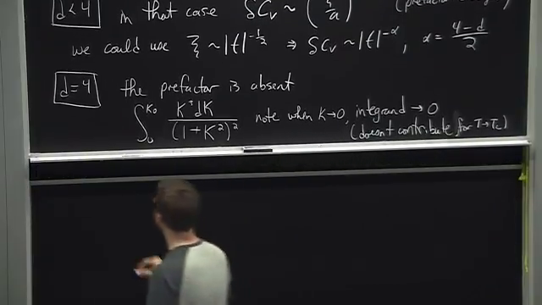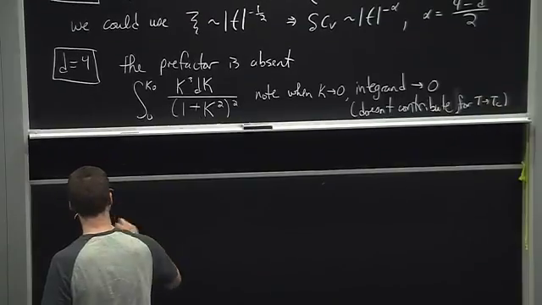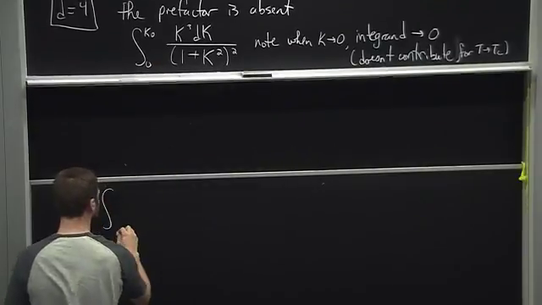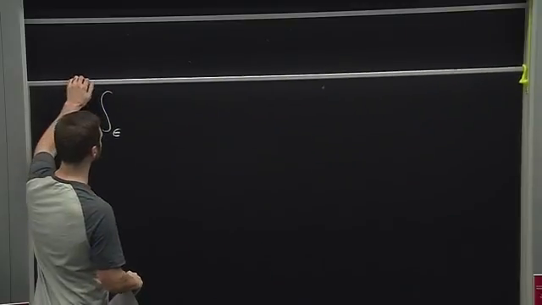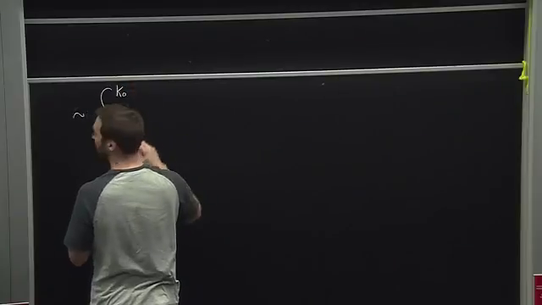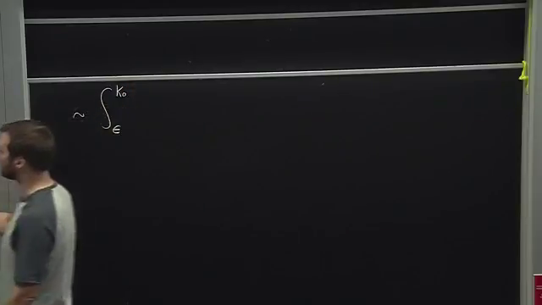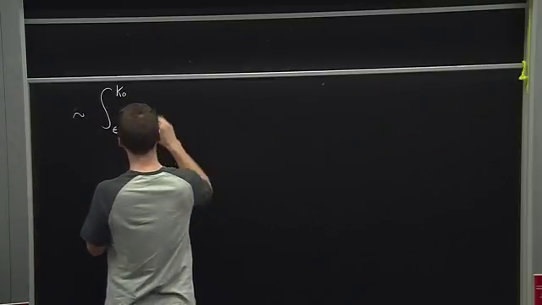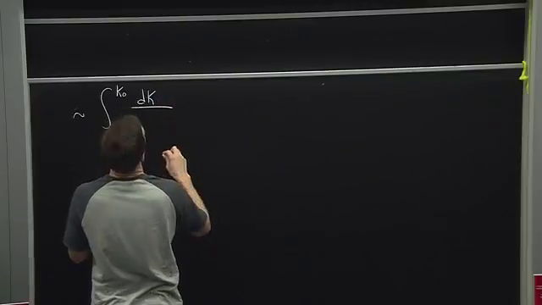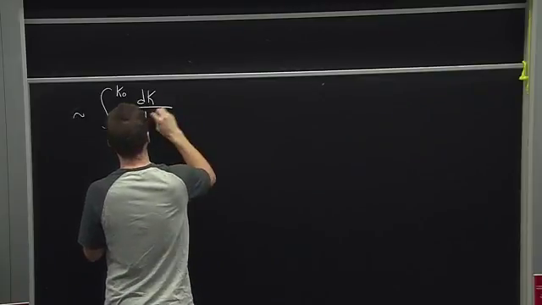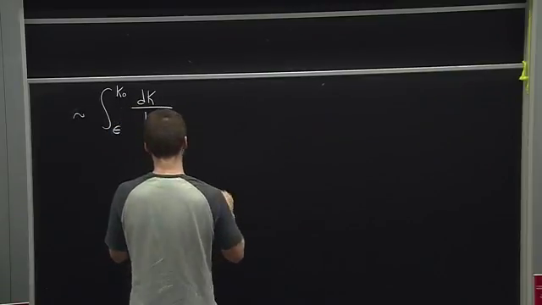So then you can approximate this integral. There's some point where the lower limit does start to contribute. Maybe it's epsilon away from the upper limit. Doesn't matter. K naught will be something that behaves like the correlation length over a, say. And for large enough k, we can just write the denominator as k to the power 4. So we get k^3 over k^4.